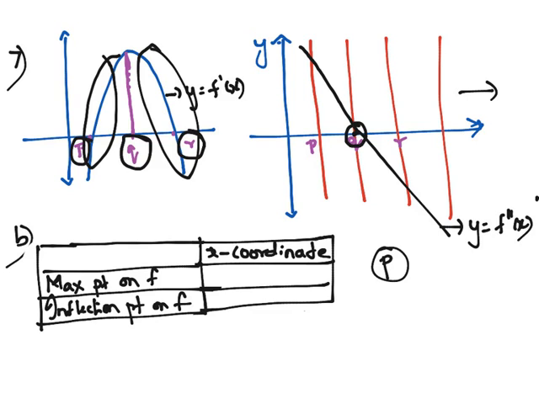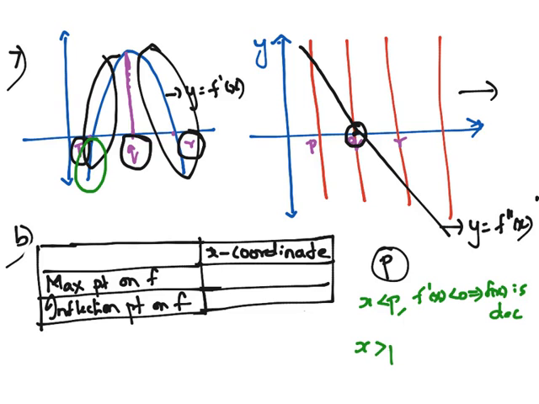Now you can see before p, f dash of x is negative. So when x is less than p, f dash of x is negative. That means f of x is decreasing, right?